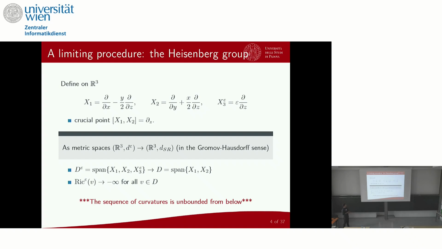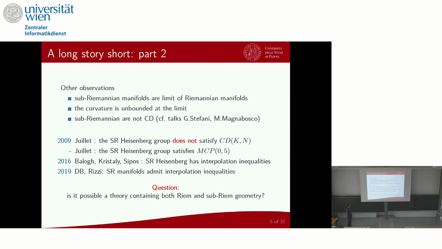So the sequence of curvatures is unbounded from below, and the second part of the story is that it is true that sub-Riemannian manifolds are limits of Riemannian manifolds, but the curvature is unbounded. We cannot use the standard CD theory.